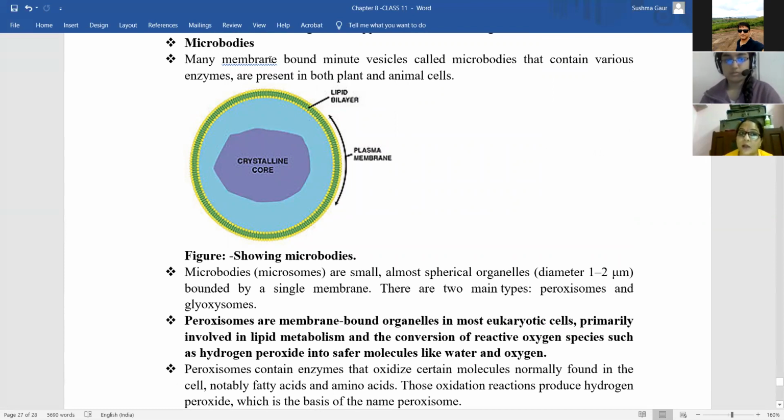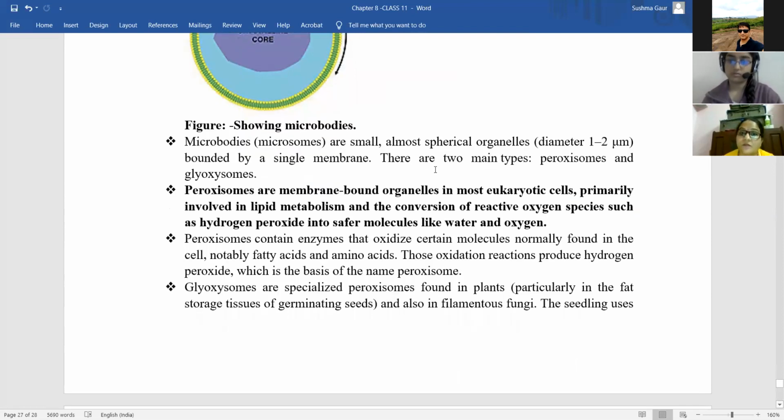Microbodies are membrane-bound vesicle-like structures that contain many enzymes, and they are present in both animals and plants. And what are their functions? Examples of microbodies are peroxisomes and glyoxysomes. They are types of microbodies.